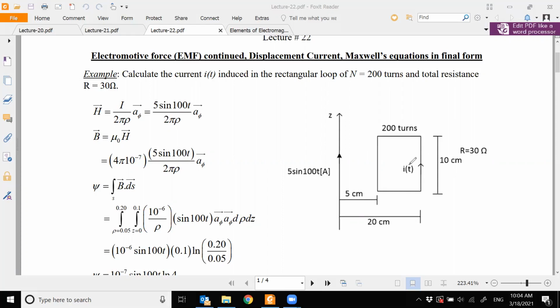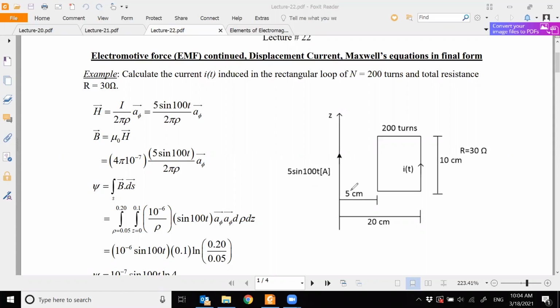Find the magnetic field. Okay, which magnetic field? Of this infinite line, right? After that? Find the magnetic field, then we can find the current from it.